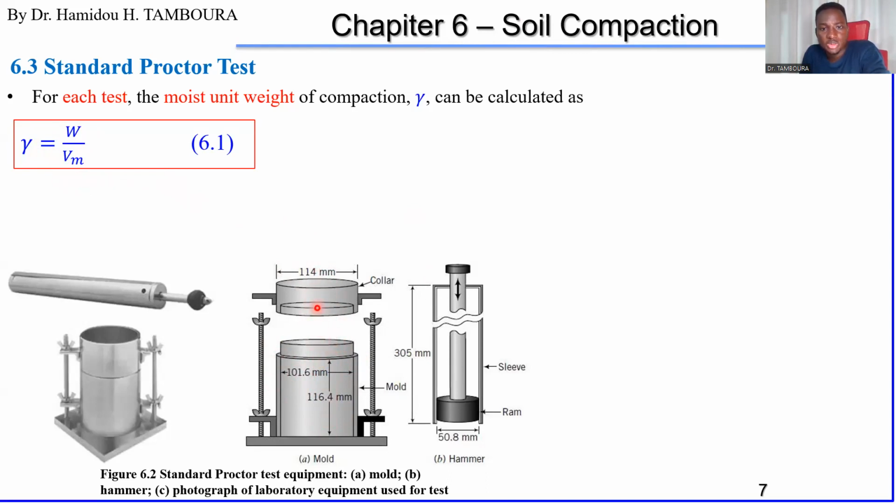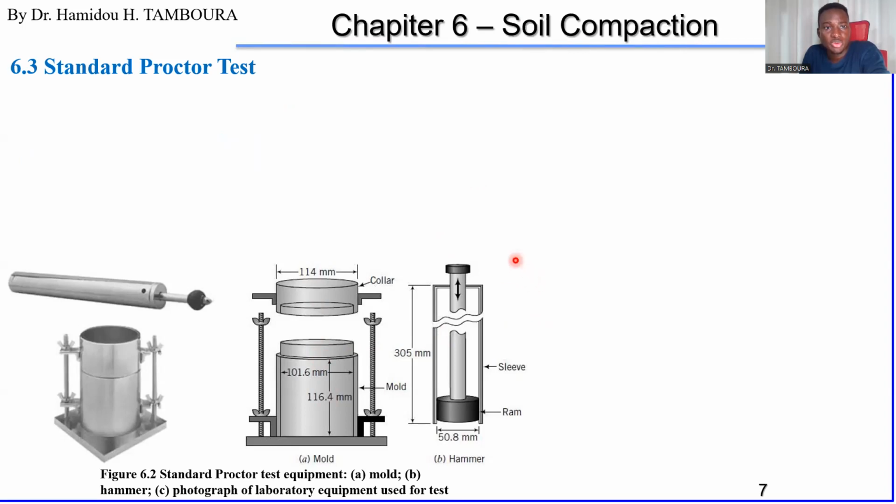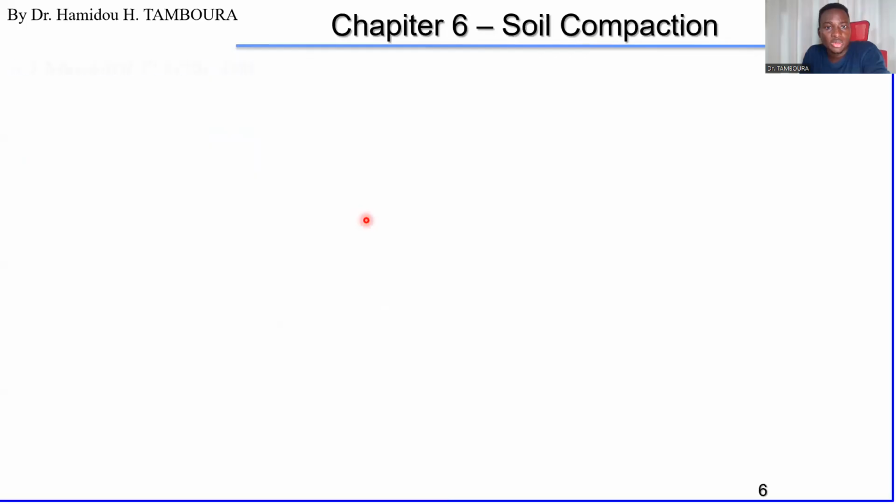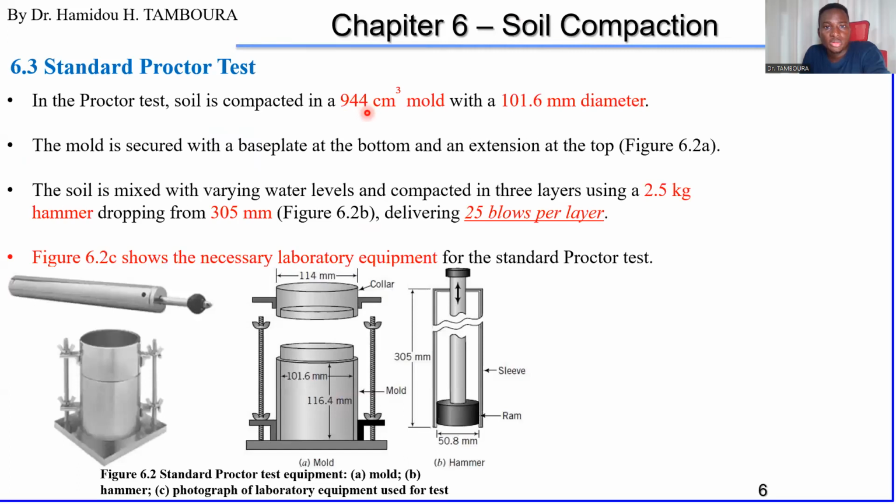That part will be removed. Okay, but just use the given volume. This one, let me go back a little bit to show you what I'm talking about. Oh, sorry, this one, 944 cubic centimeter.